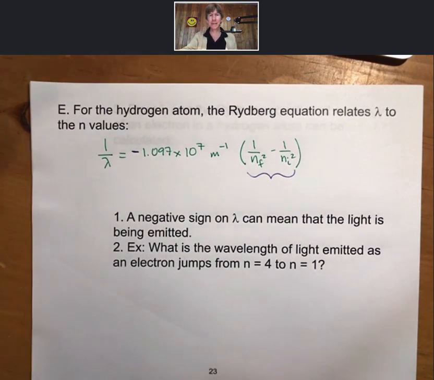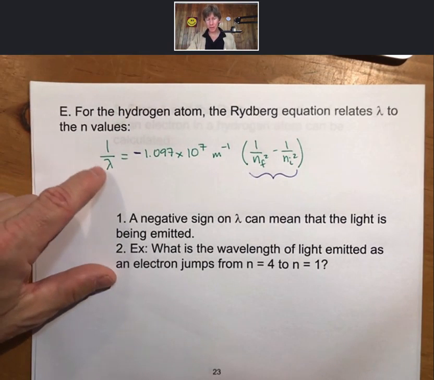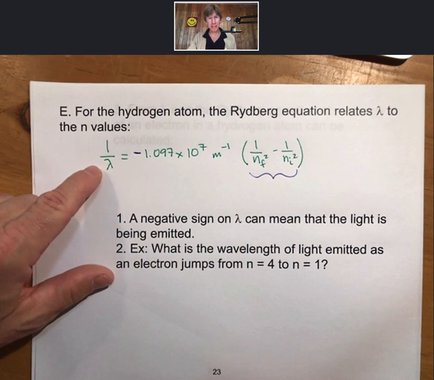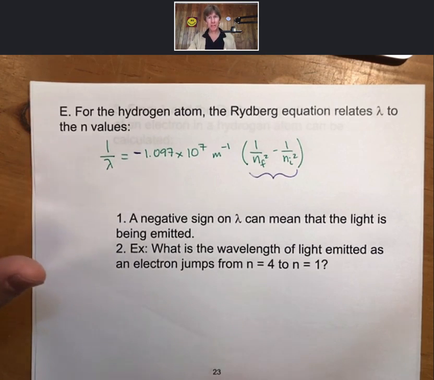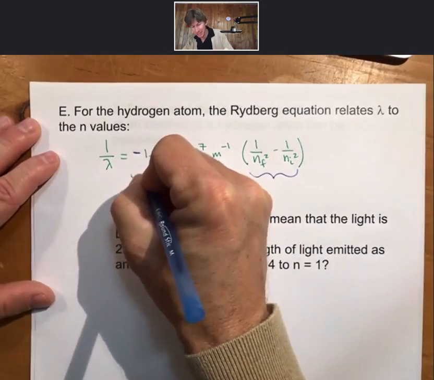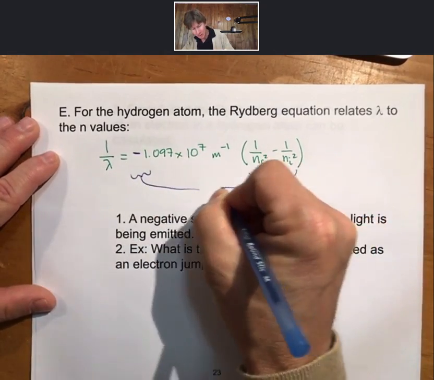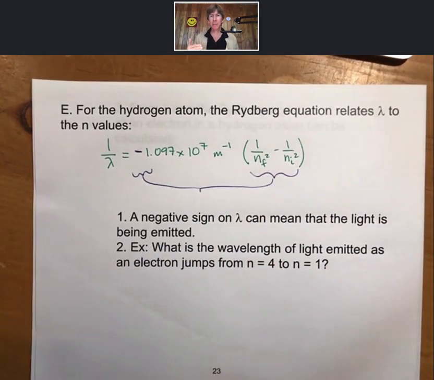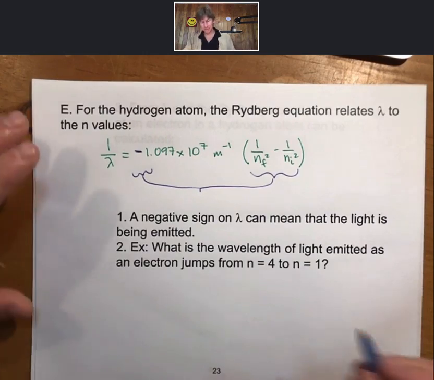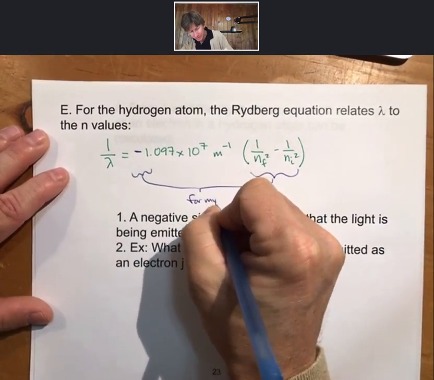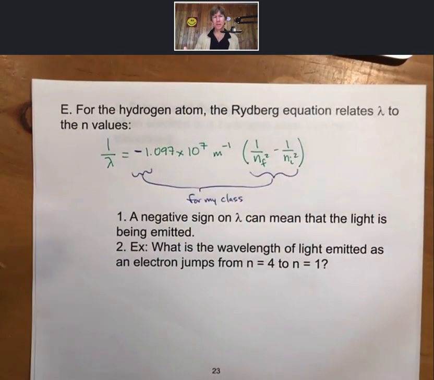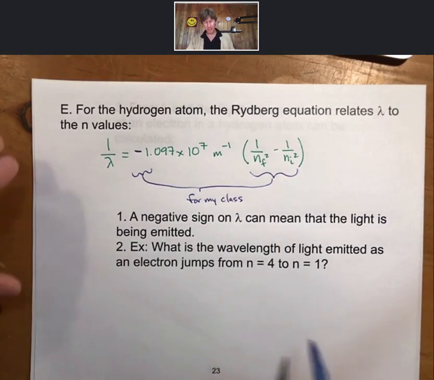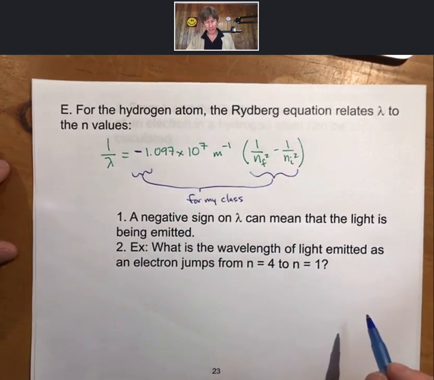When an atom emits light, then it is going to emit a wavelength, and we will get a negative wavelength here, which is a little weird. What it means is that wavelength is emitted. Again, this is also specific to my class, but I think hopefully you'll find it keeps everything more similar to the rest of my class. So you'll see slightly different versions of the Rydberg equation when you do it in other classes, say. And so the negative sign on wavelength can mean that the light is being emitted.